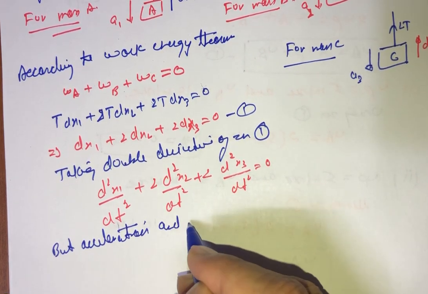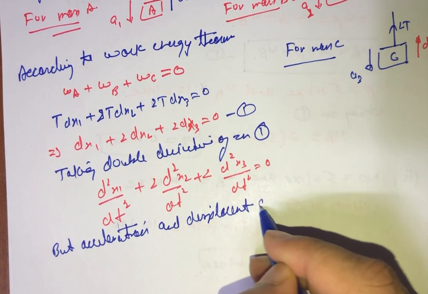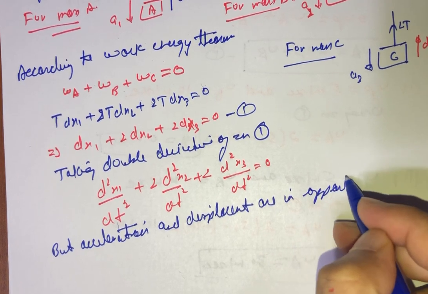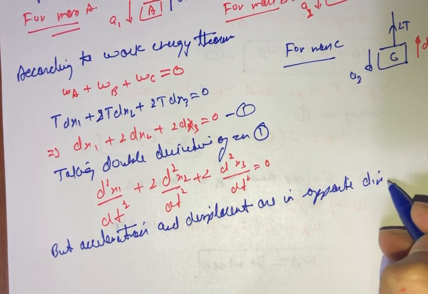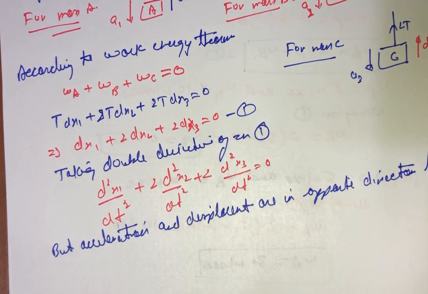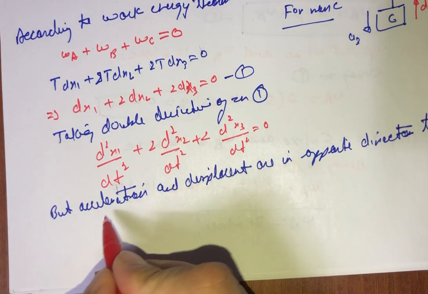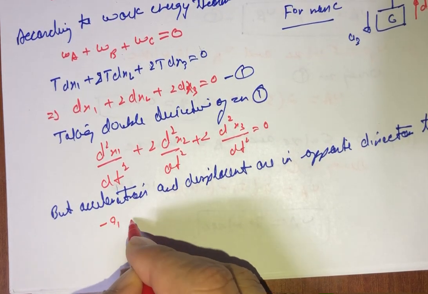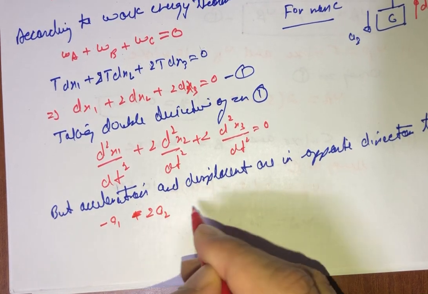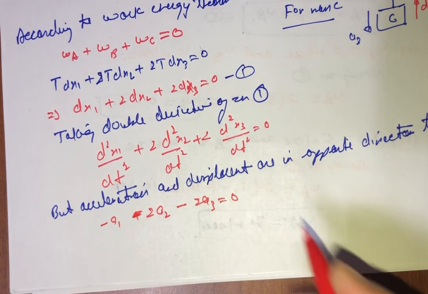Thus we have minus a1 minus 2a2 and minus 2a3 is equal to 0.